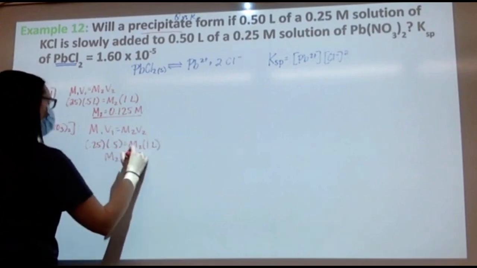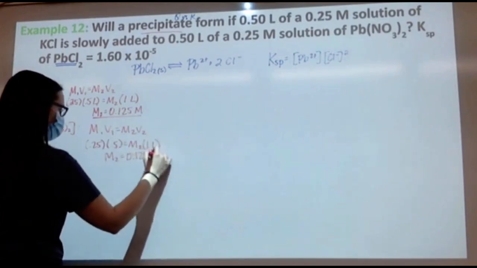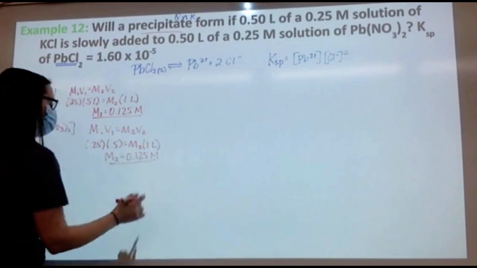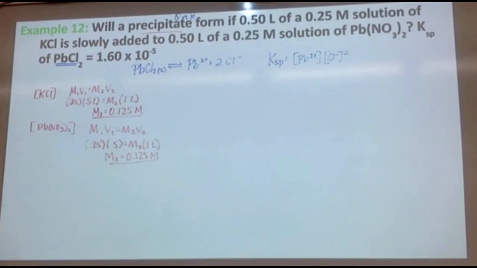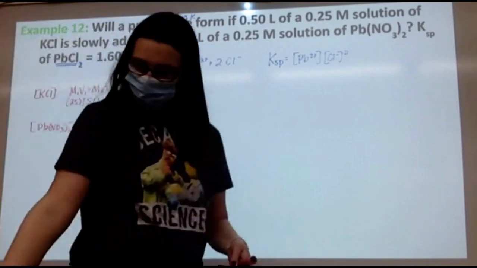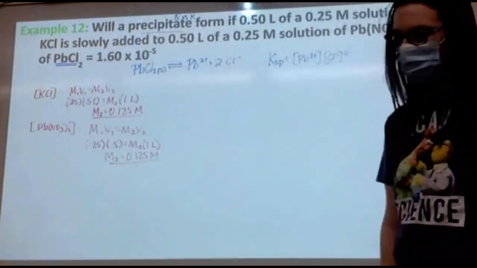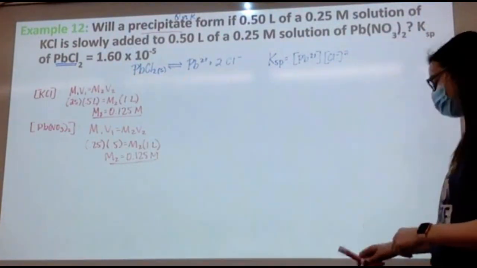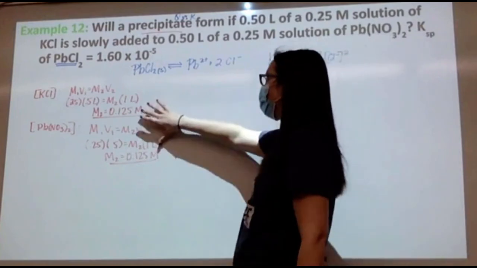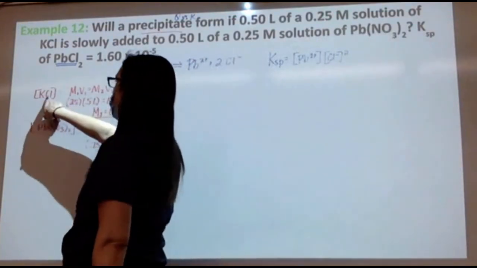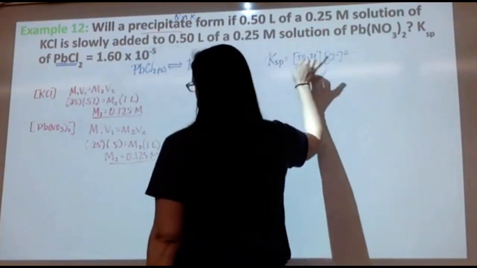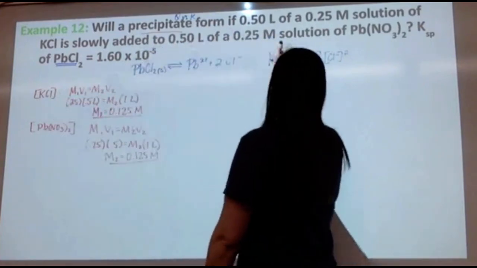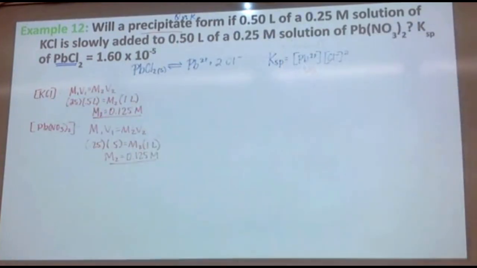Oh, so that's actually the same molarity, since the volume changes the same way. 0.125 molar of each. So there's our KCl and our Pb(NO3)2. This is important because this is telling us what concentration of Cl- and what concentration of Pb2+ we have to plug into the Ksp expression.